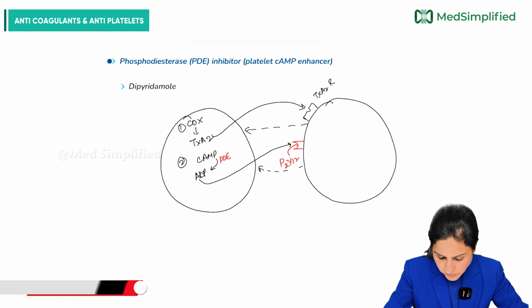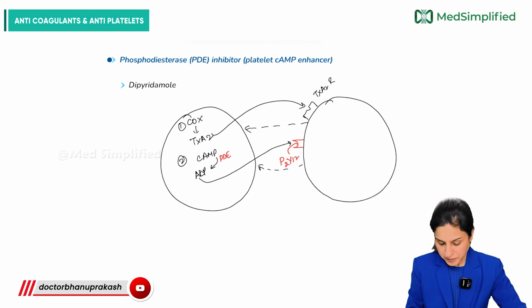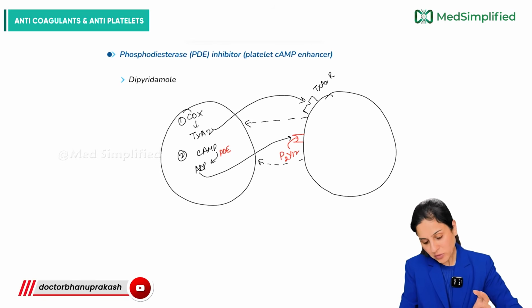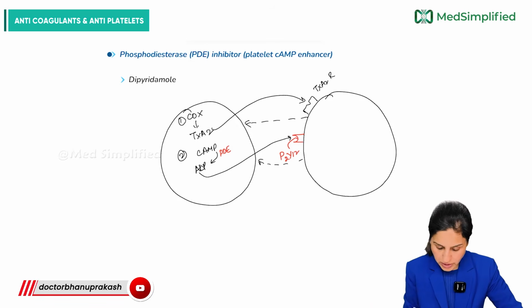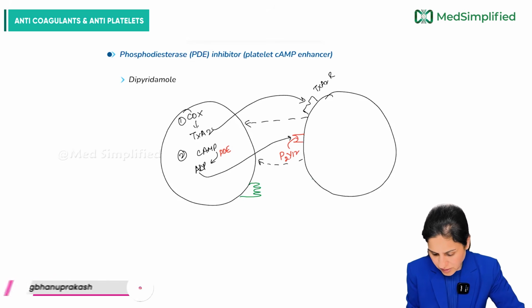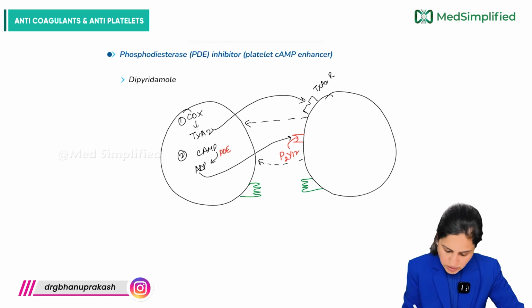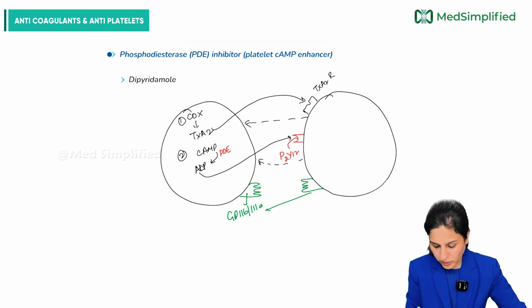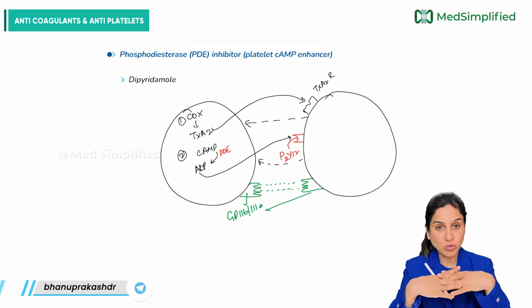Coming to the GP2B3A. They are not active as such, but when platelet aggregation is going to occur, they become activated. So both of these platelets have GP2B3A receptors, and then they are going to stick to each other, like glue.